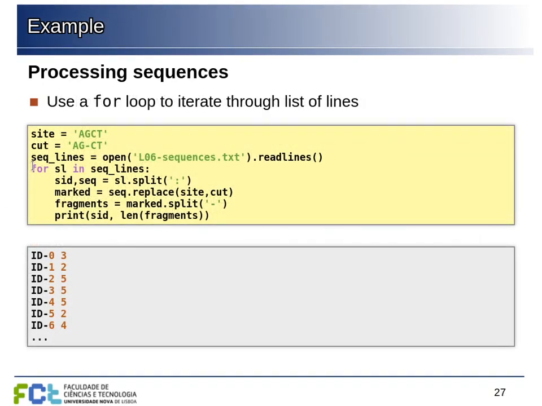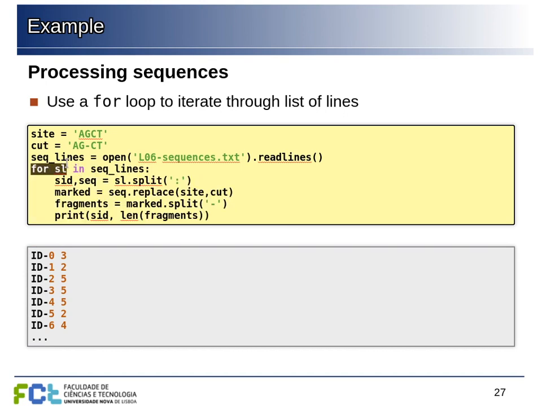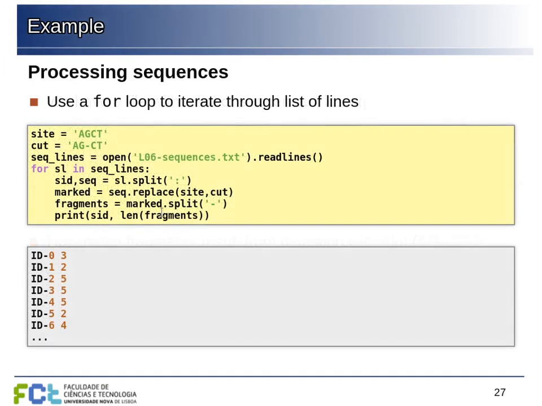And now we can loop through all these lines. So let's create this for loop where we have this SL variable pointing to each of the lines in the sequence lines list there. And we're going to break each line in two parts, the identifier and the sequence. So we're going to use split with a colon here and unpack this list, which has these two elements, into the identifier and the sequence.